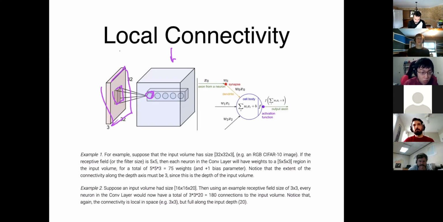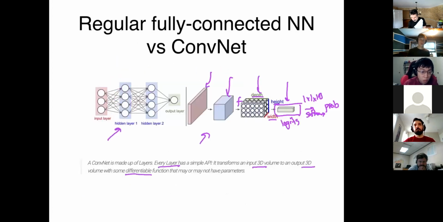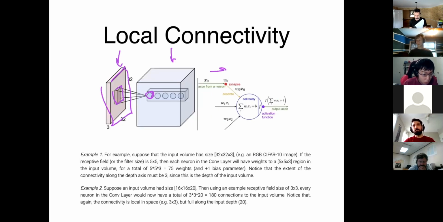This is like the input image that we are talking about, but in general, down the network, this could be from this volume to this volume, not necessarily from input to output. So you have this local connectivity between neurons, and the receptive field of this neuron is local, right?